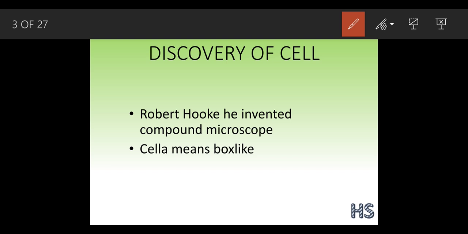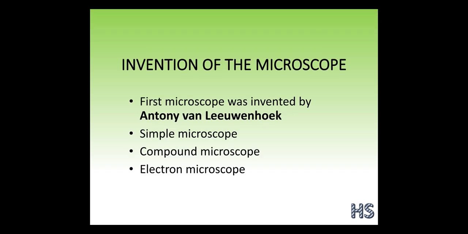Now we are going to discuss the different types of microscopes invented. In the olden days, it was very difficult to look at minute objects. Minute means very small objects. It was very difficult to see viruses and bacteria.